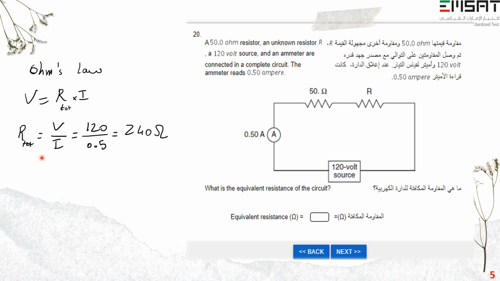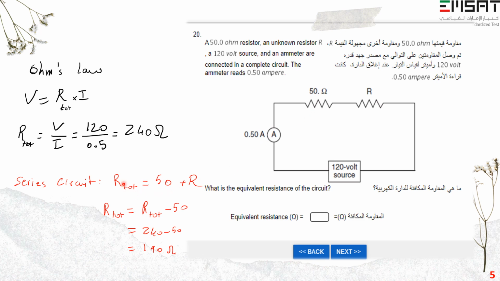What we need to find in this question is R. So R is equal to V over I. So it's 120 divided by 0.5, and R total is 240 ohms. If they ask you to calculate the value of the other resistance, it's easy also because these two resistances are put in series.